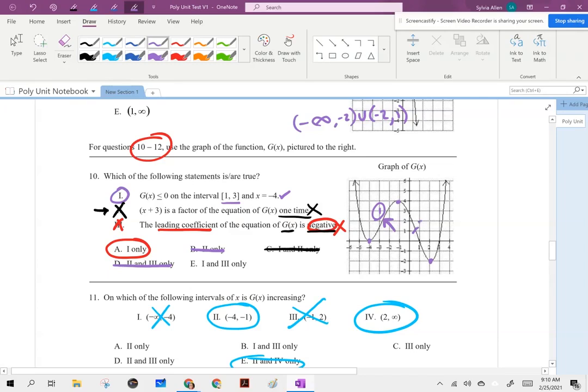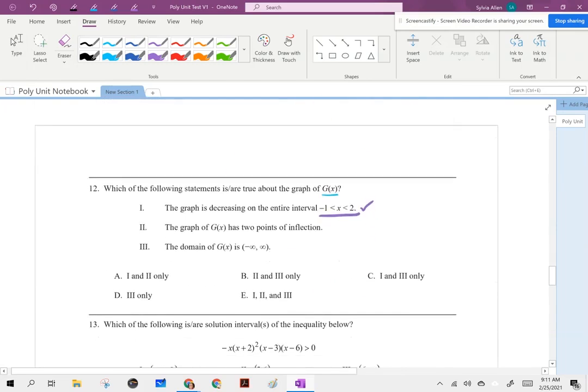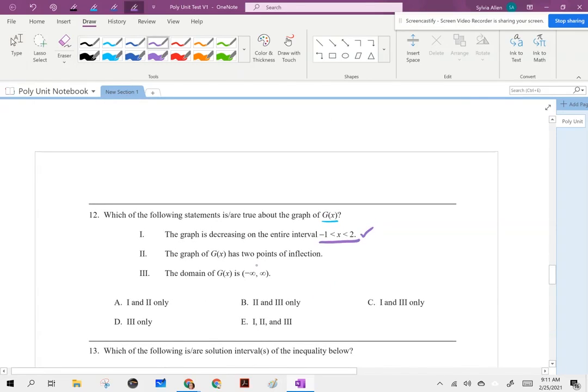Here's another inflection point. And then the other inflection point is, well, that was one from the 0 to a max or a min. That's one statement. And then max and min. And so there's only 2 inflection points. So 2 points of inflection. So that is also true.